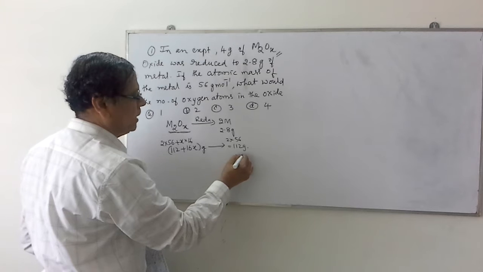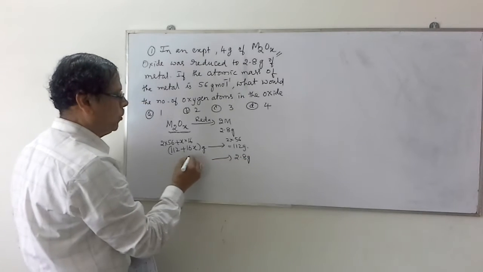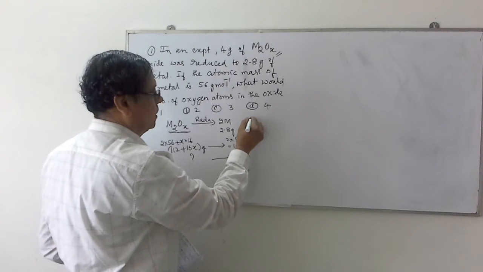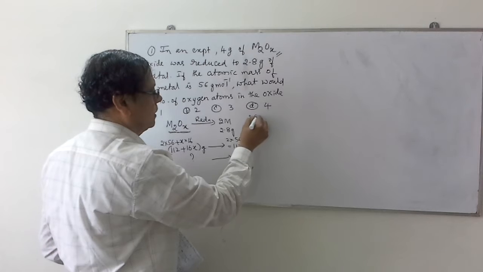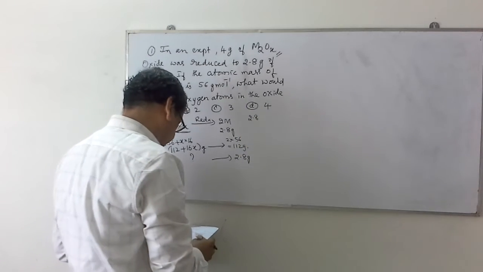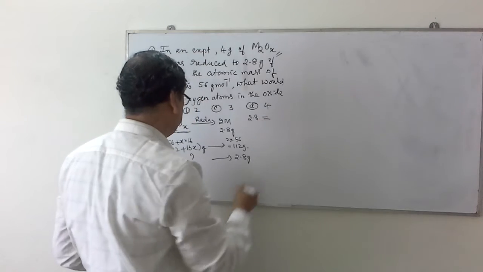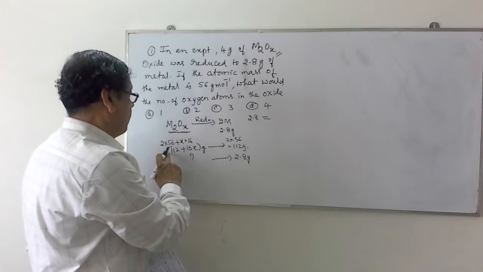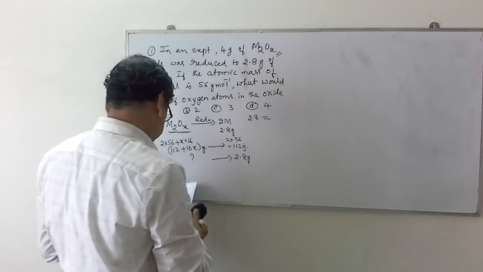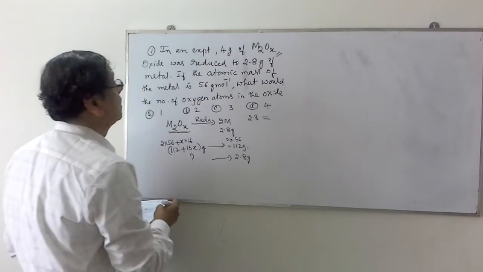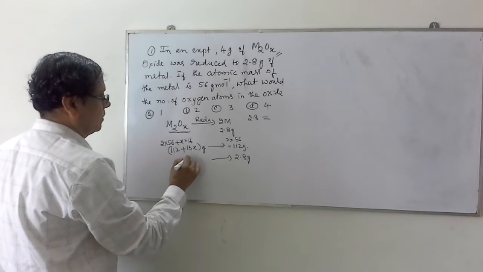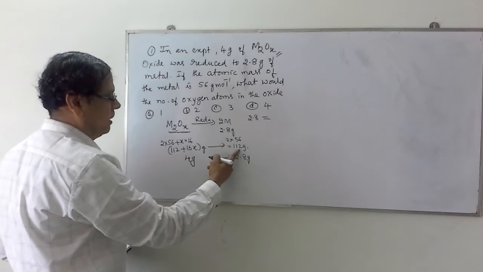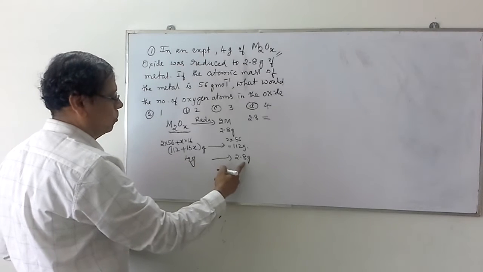Therefore, 2.8 grams of this metal would be produced from how much? 112 plus 16X grams will give rise to 112 grams. But 4 grams of this one will give rise to 2.8 grams.